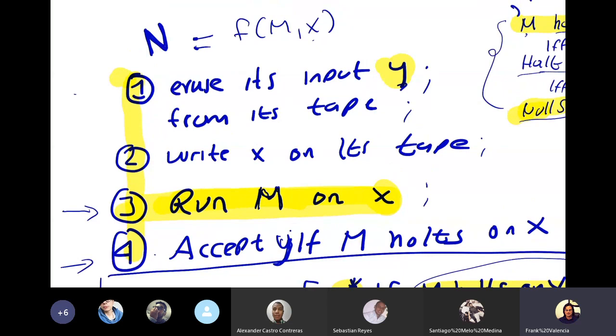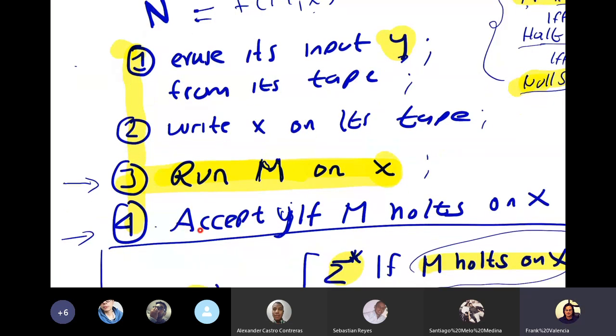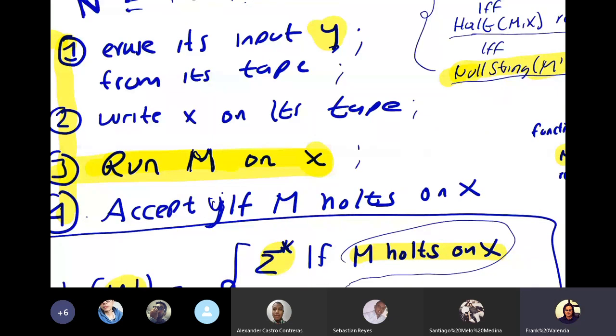But now what this machine N does is run M on X. So it simulates M running on X. Okay? And then, because of this part here, number 4, it accepts Y, which was the input. It accepts Y if M halts on X.